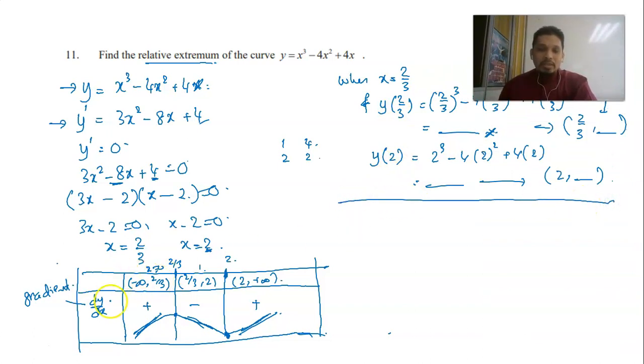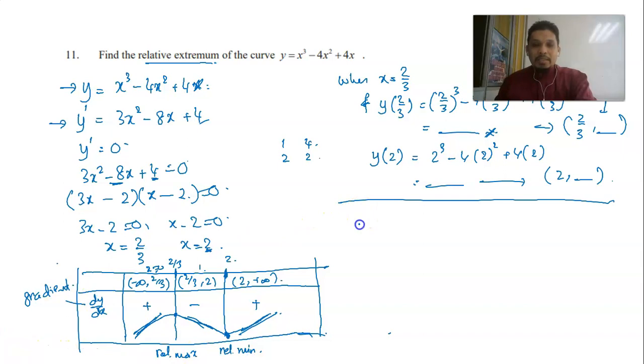Okay, now class, if I continue this discussion, this is using the first derivative test. So at this point here is a relative maximum, and here is a relative minimum.